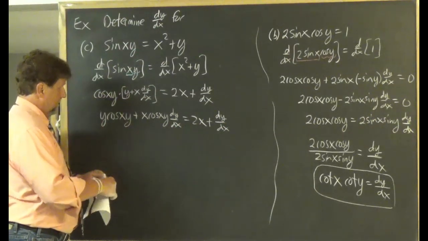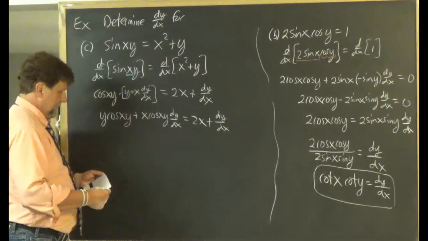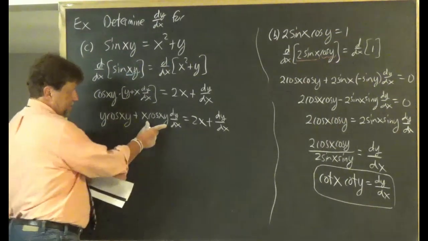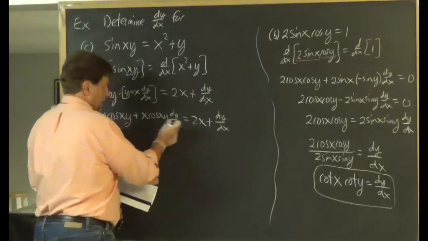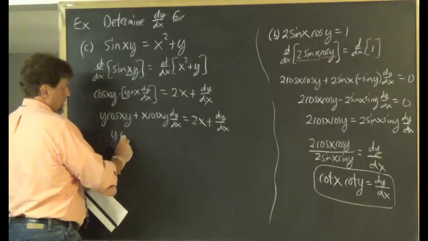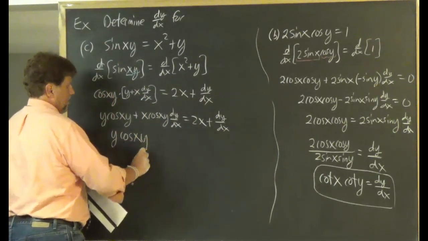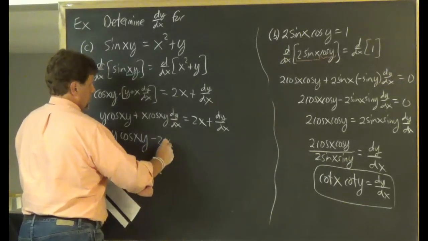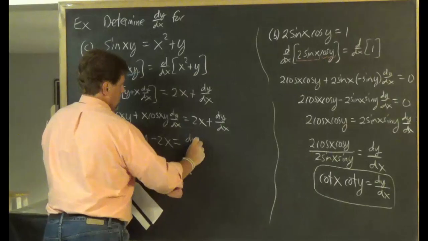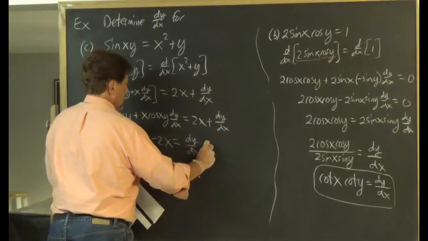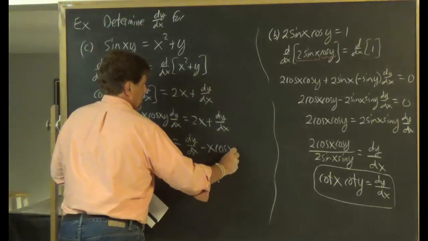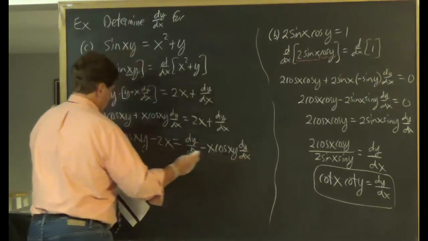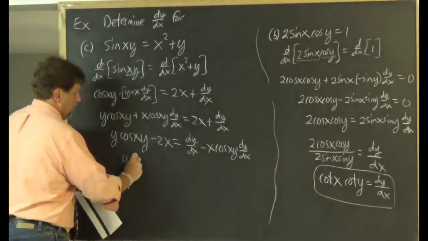Let's see. I'm going to subtract this over here and subtract this over here. Then once I get my dy/dx's on one side, I'm going to factor it out.